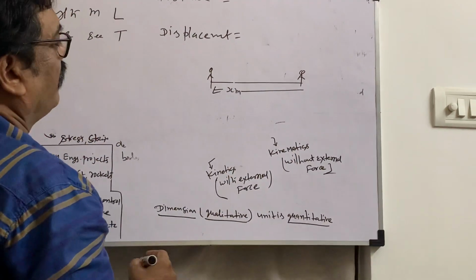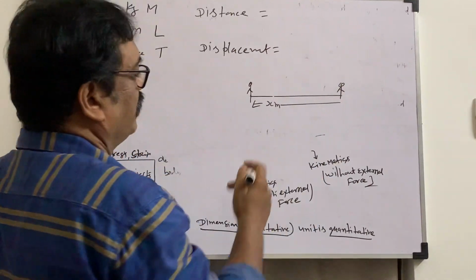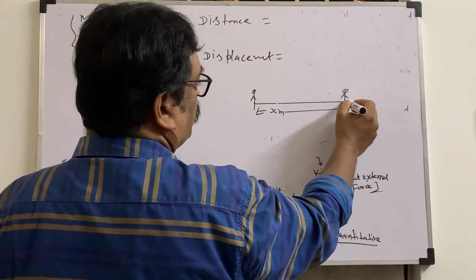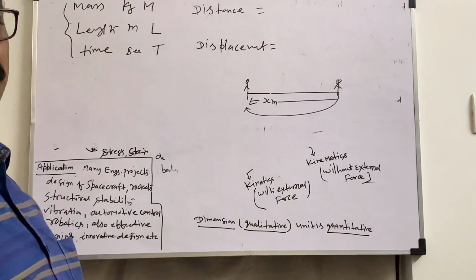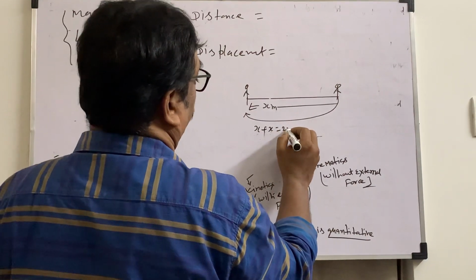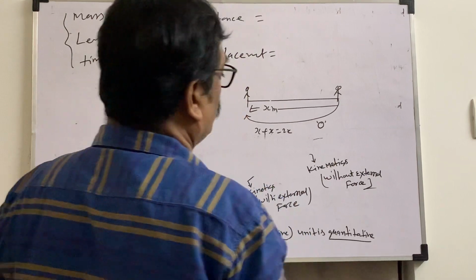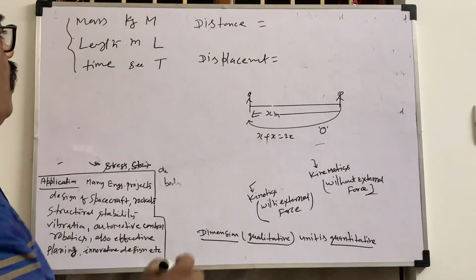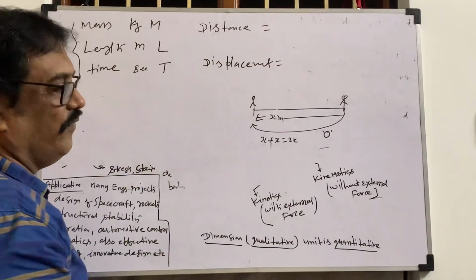What is the distance traveled? x meter. What is the displacement? You can say x meter. But once this person comes back to the same point, what is the distance traveled? x plus x, 2x. But what is the displacement? Displacement will be 0.